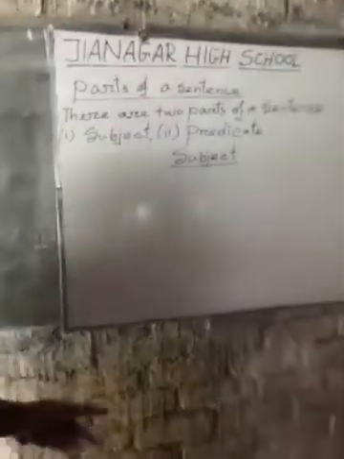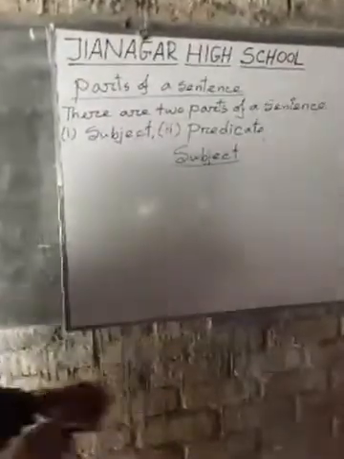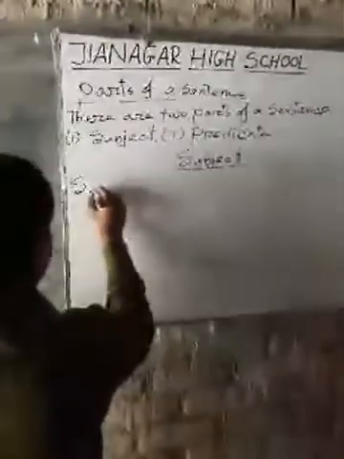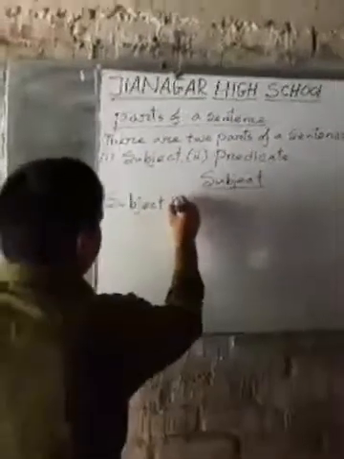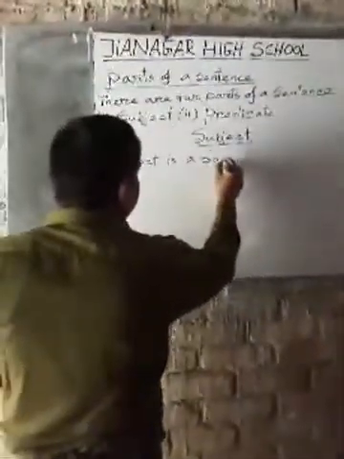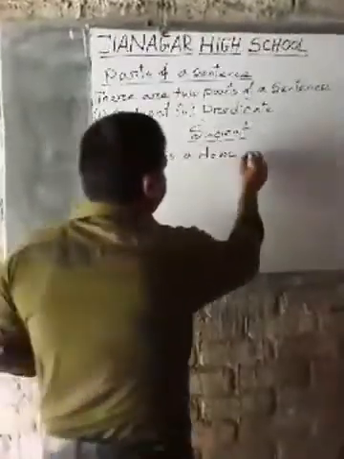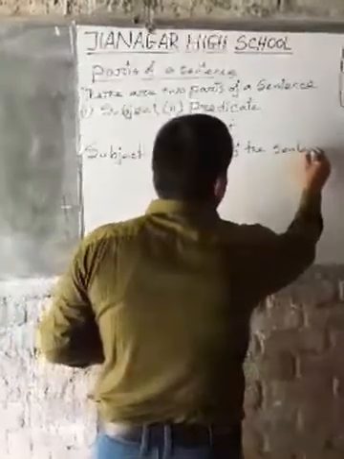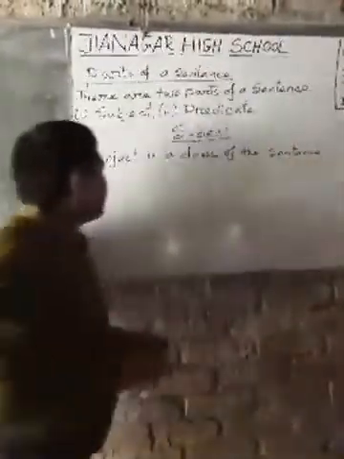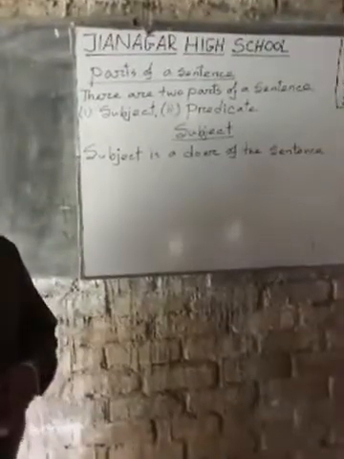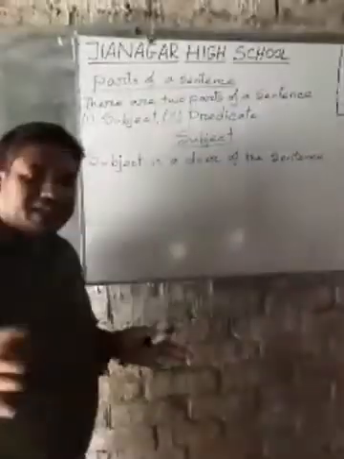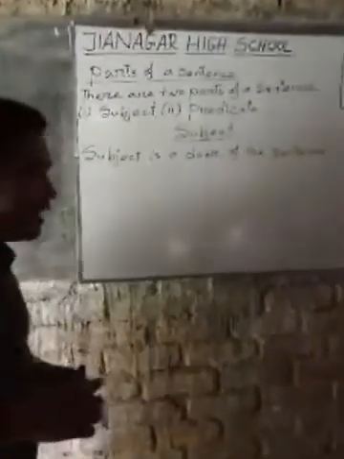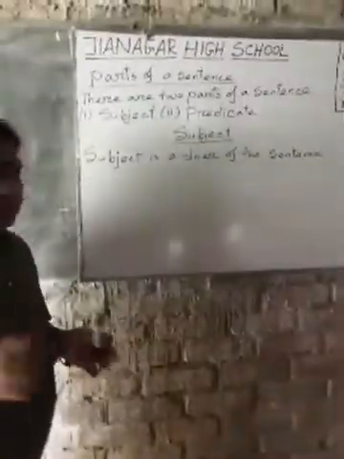We can say subject is a doer of the sentence. Very easily we can say subject is a doer of the sentence. Subject is the doer of the sentence. We can define it in another way, and it will be more easy, I think.